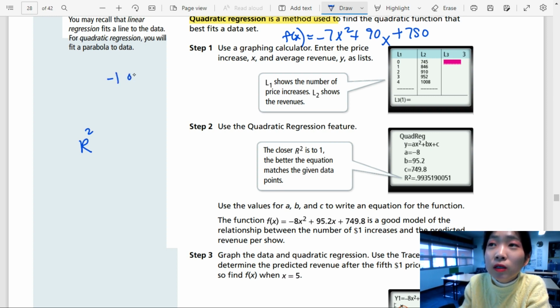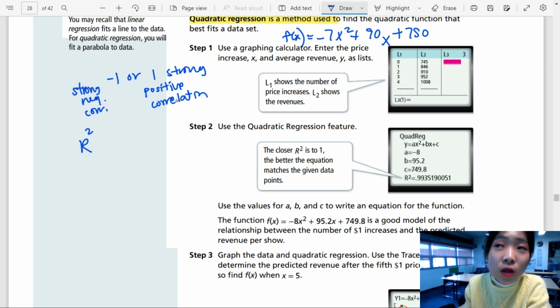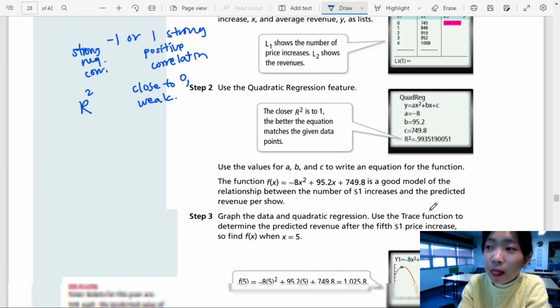So negative 1 or 1 shows, if it's closer to 1, it shows a strong positive correlation. If it's closer to negative 1, it shows strong negative correlation. But if it's closer to 0, then it's weak correlation. So it's not a good graph, okay?